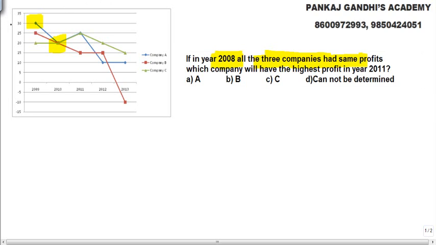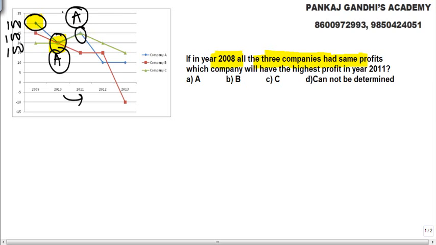If the base was 100 for all of them, the highest will be A. In 2010 all grew by the same, so again A is highest. And from 2010 to 11 again A and C grew the highest, so the answer is going to be A. But if you look later on, C grew more than A and B reduced also. But what is asked is 2011. It is given at the start that all had the same, otherwise the answer would have been different.